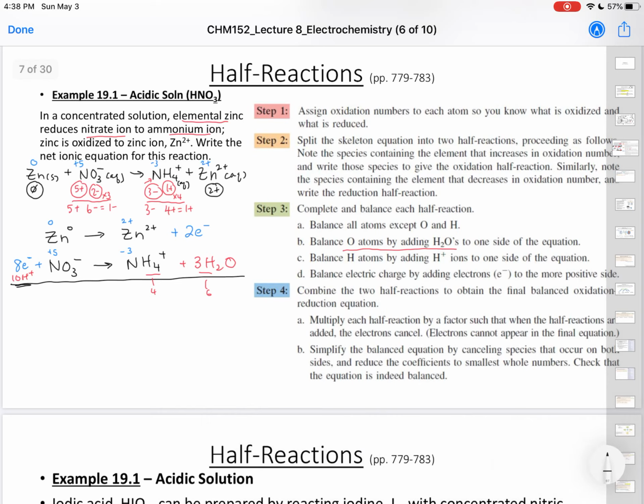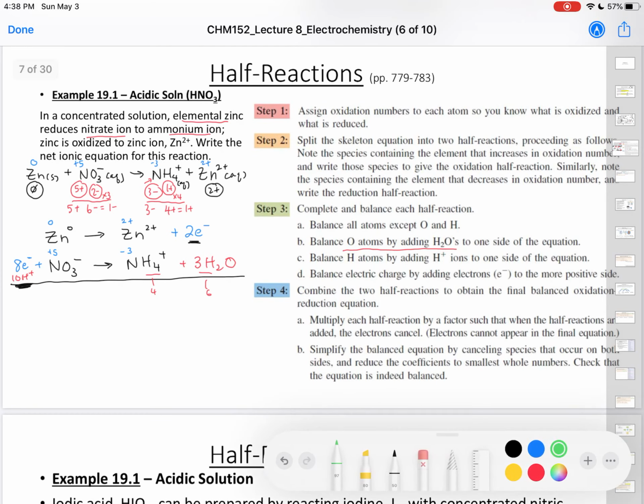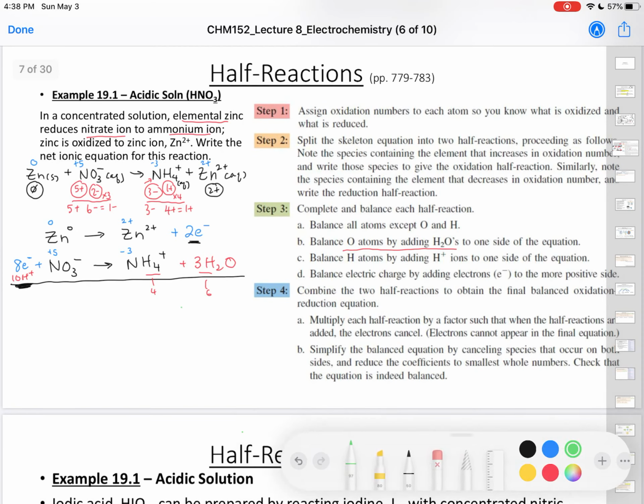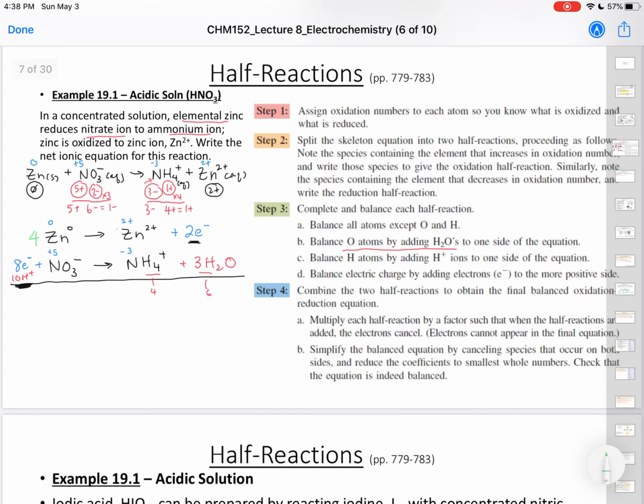So here there are 8 electrons on the left side, and here there are 2 electrons. The only way to balance it is to have 8 electrons on the right side as well. So we're going to multiply the zinc reaction by 4, because 4 times 2 is 8, right? 4 times 2 is 8.